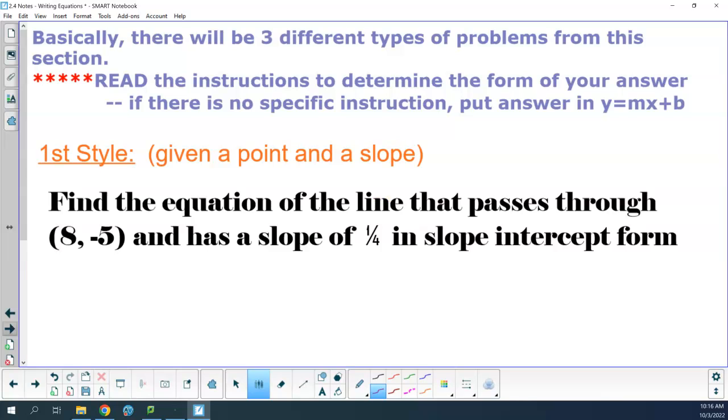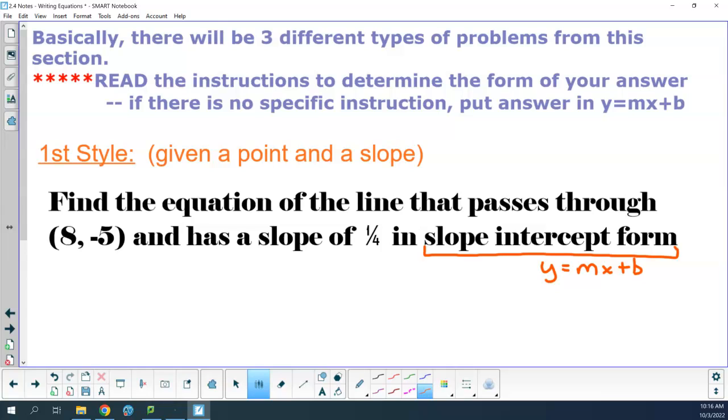So for instance, find the equation of the line that passes through the point 8 comma negative 5 and has a slope of 1/4 in slope-intercept form. So it says in slope-intercept form, that means that our answer here is going to be y equals mx plus b. We just need to find the m and the b.